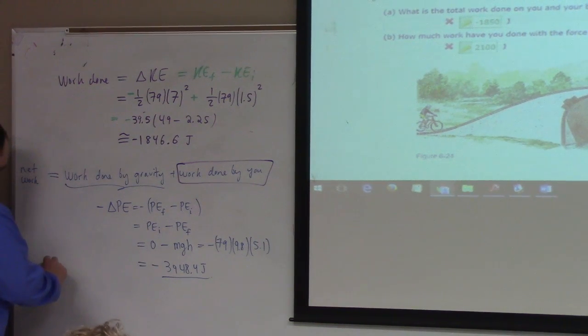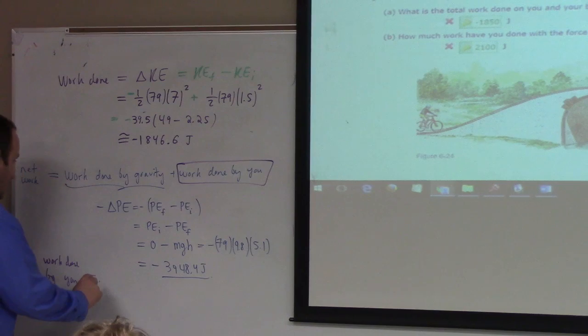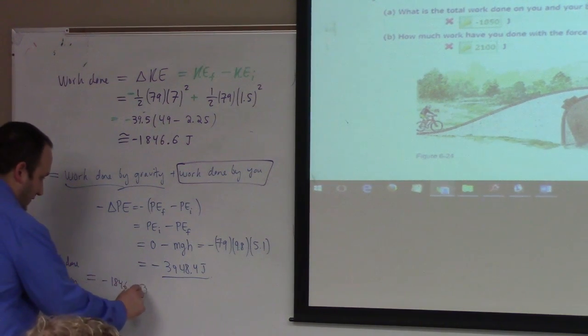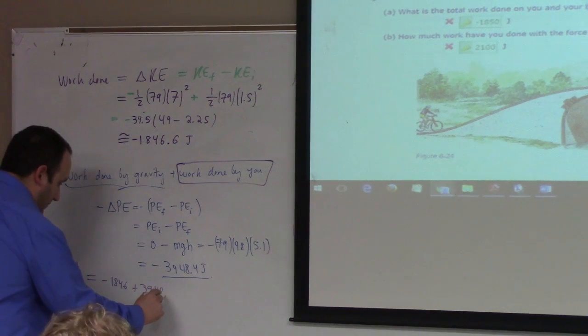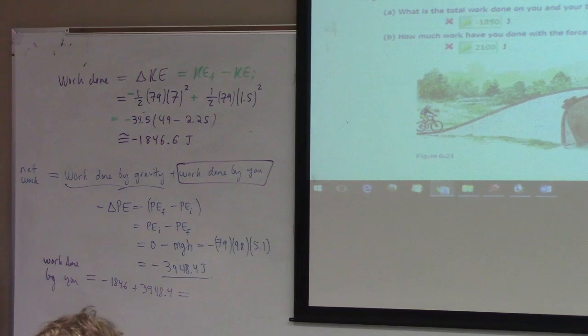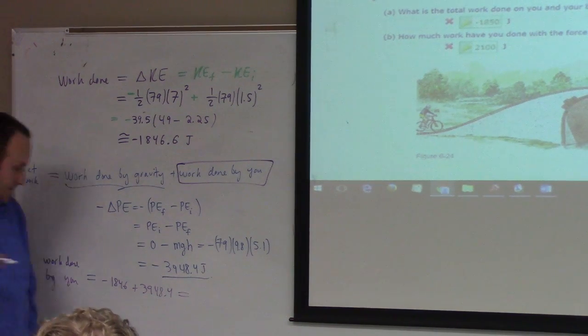The work done by you is minus 1846 plus 3948.4, which equals 2,102.4 joules.